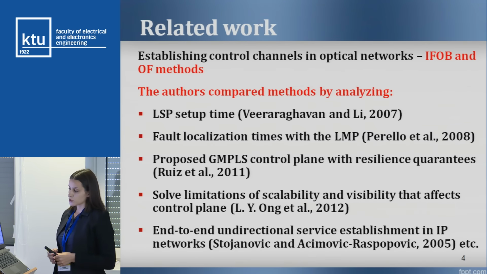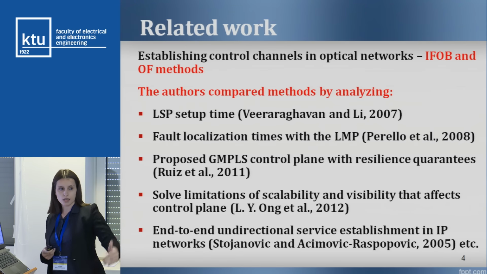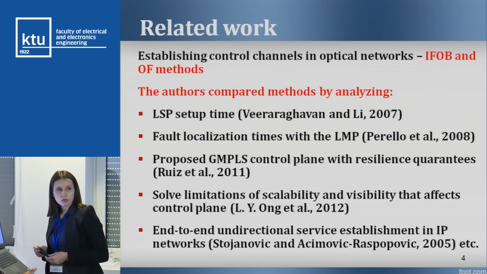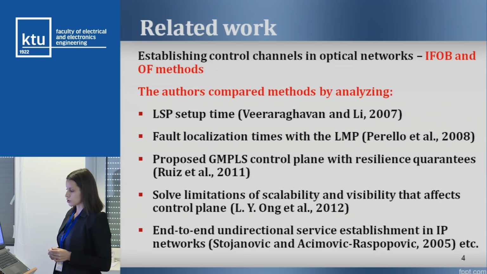In some previous works, authors compared these 2 methods, analyzing some of these issues. So we wanted to see what will happen if we combine these 2 methods in establishing control plane, and tested this method in terms of setup times.